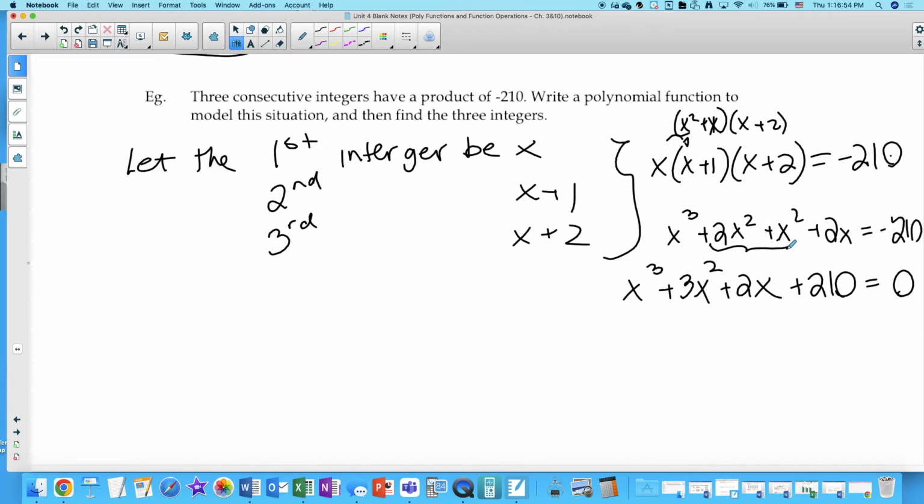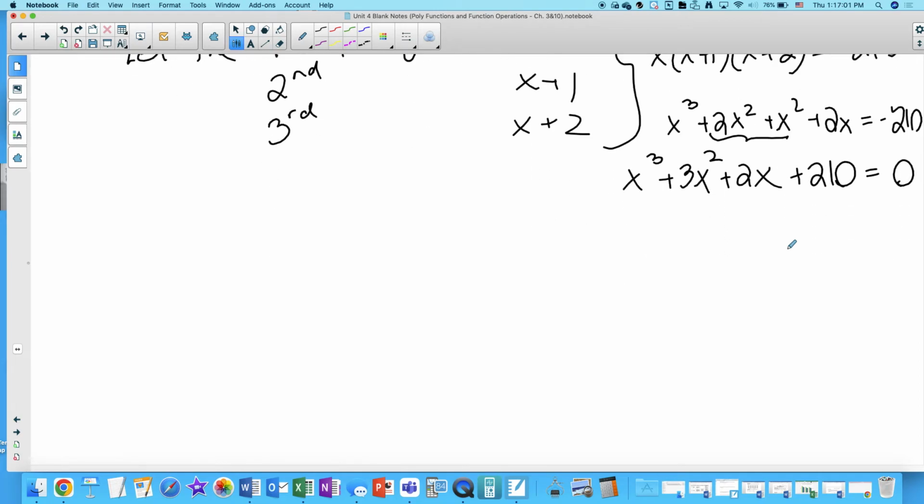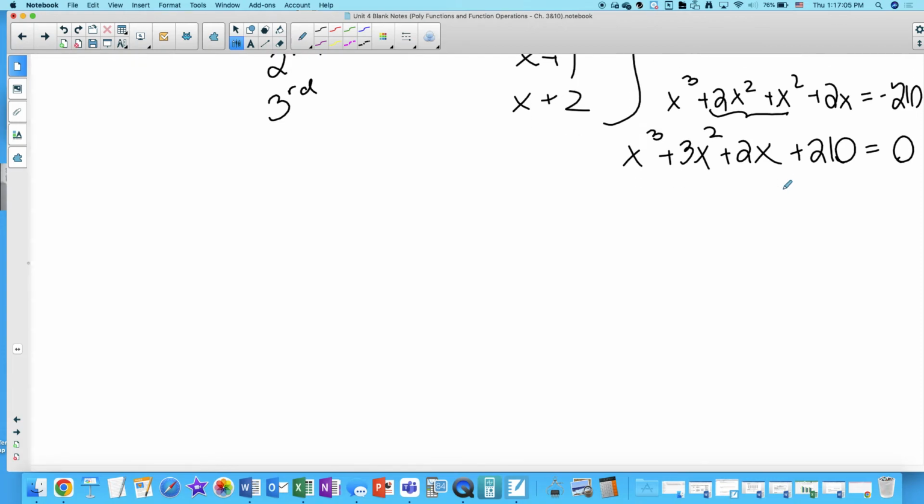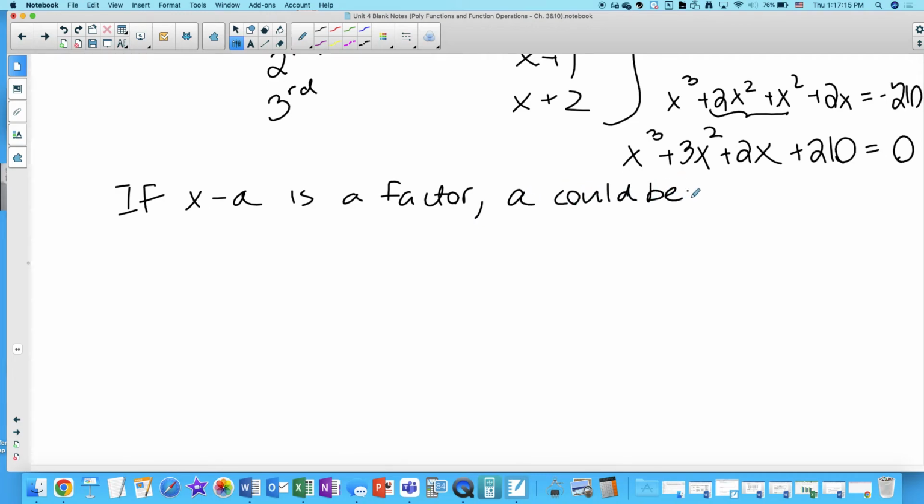Okay, so let's think about what potential factors could be. What potential a values could we have so that x minus a is a factor? If x minus a is a factor, a could be, yeah, but we should list the factors first.